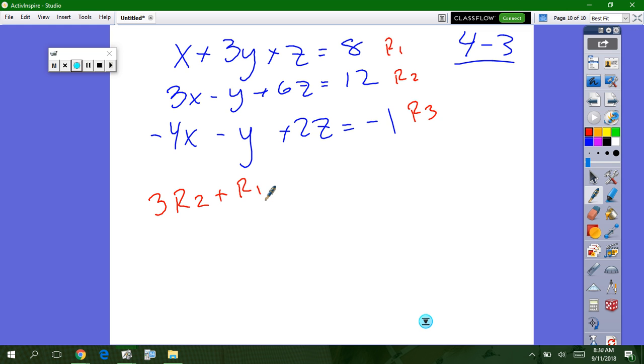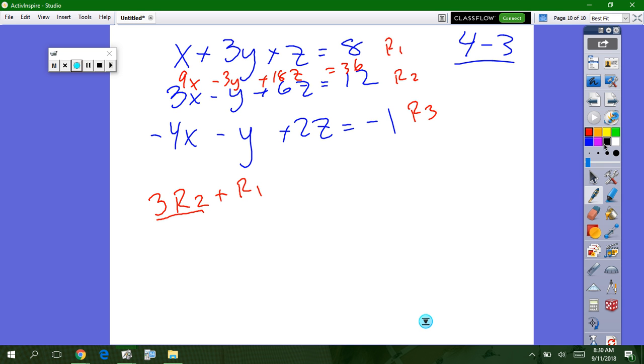Okay, so doing so, if I multiply that, that becomes 9x minus 3y plus 18z equals 36. So that's 3 row 2. That's basically what this is. Now, I'm going to add that to row 1.